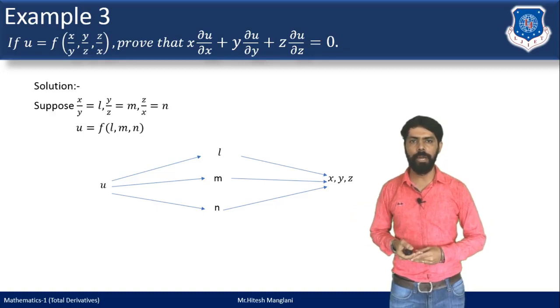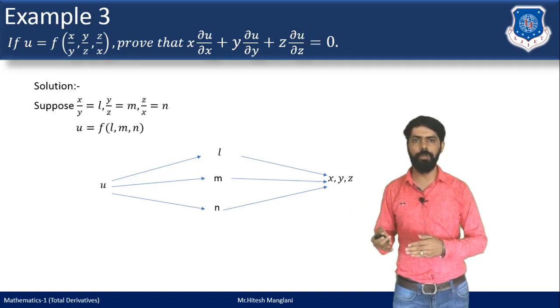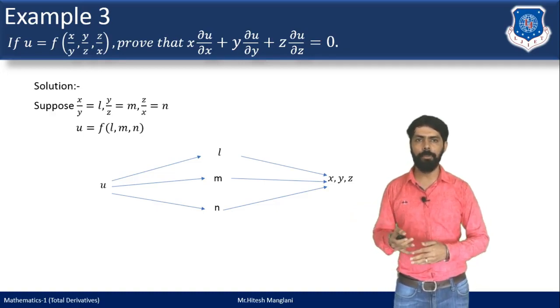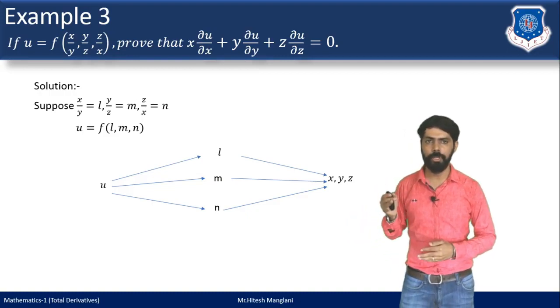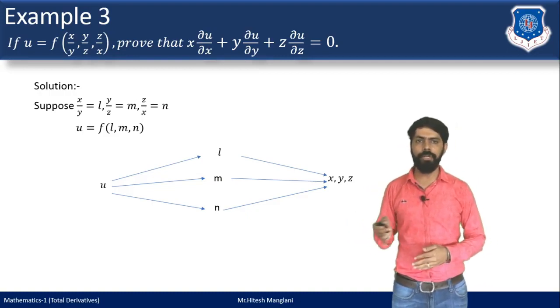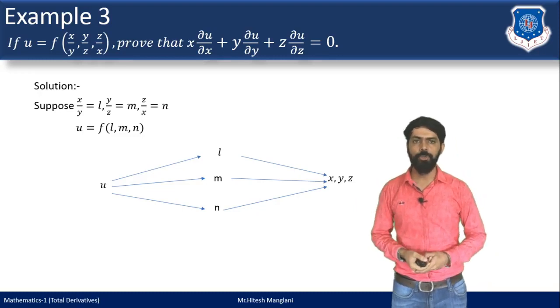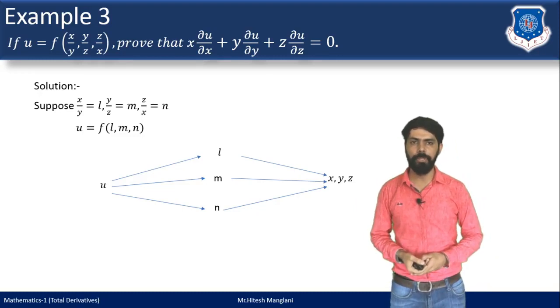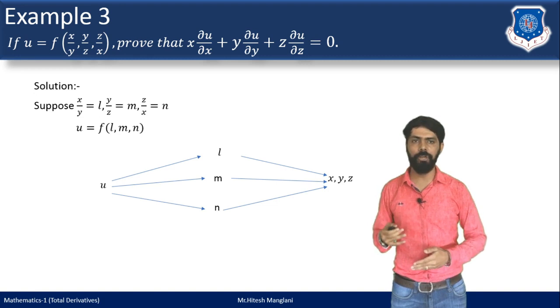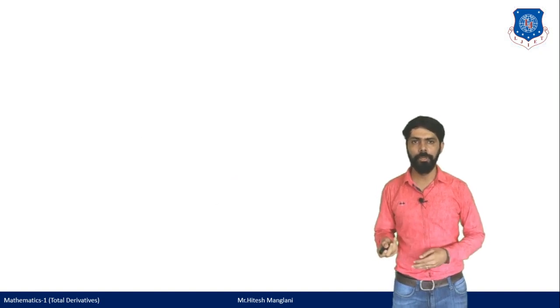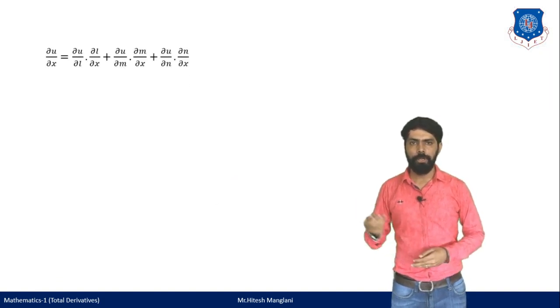So del u by del x is equal to del u by del L into del L by del x plus del u by del m into del m by del x plus del u by del n into del n by del x. Everywhere it is del, because u is a function of 3 variables L, m, n, and L, m, n are functions of 3 variables.